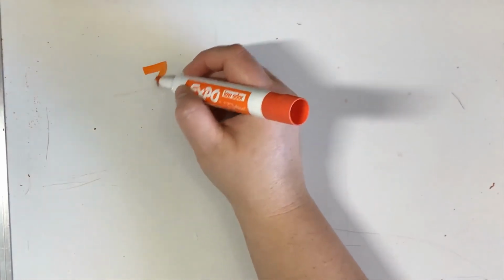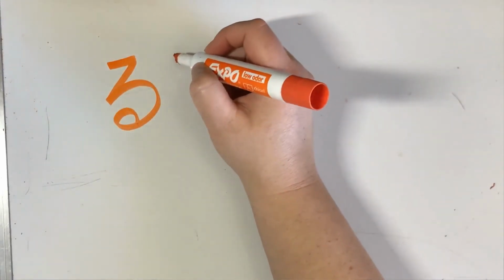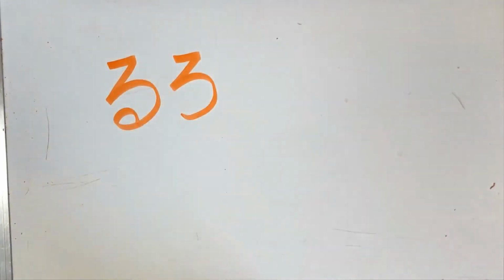Left, down, and around. So again, looks like a 3. So when you do them side by side, lu and ro, down with a loop, down without the loop. So the next few characters are going to be unique.